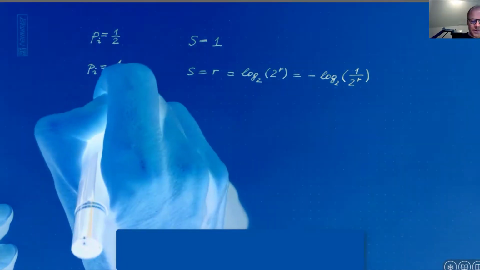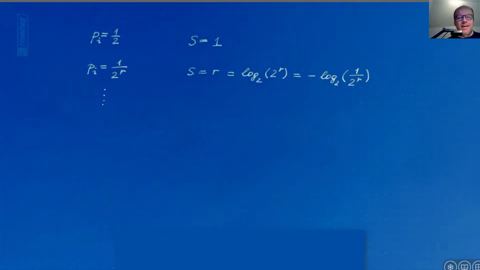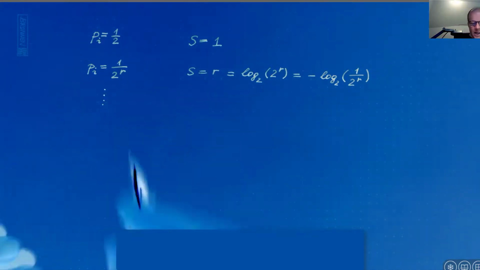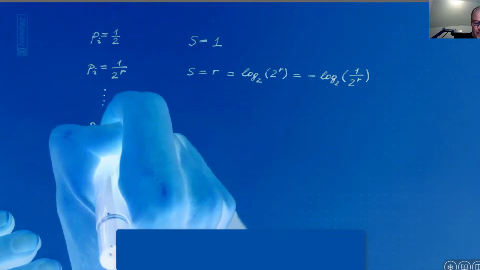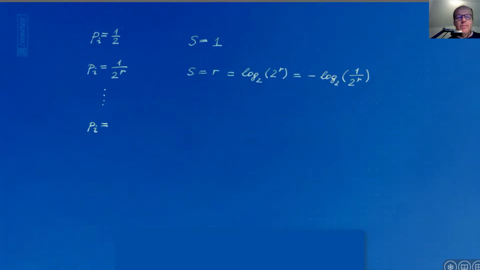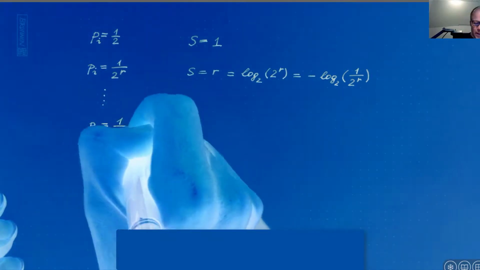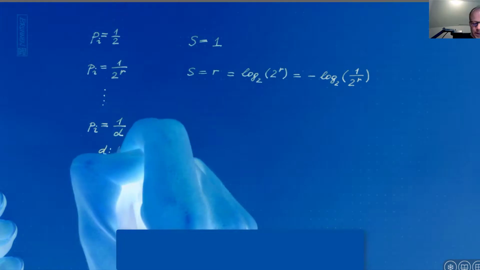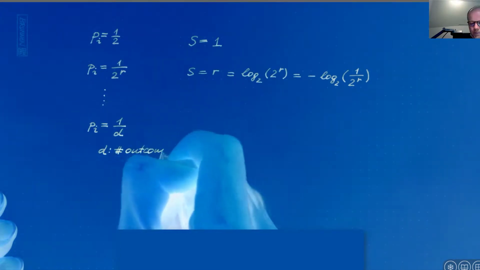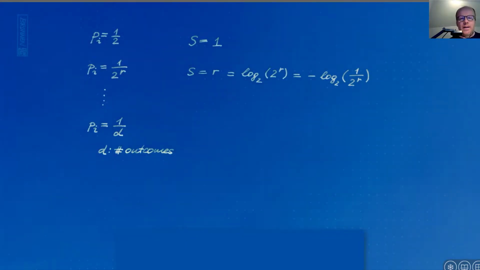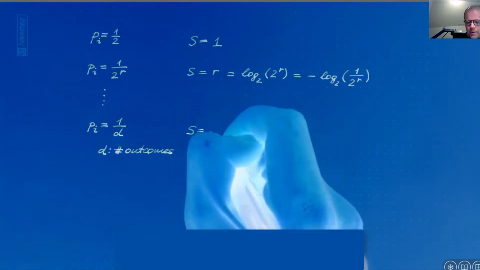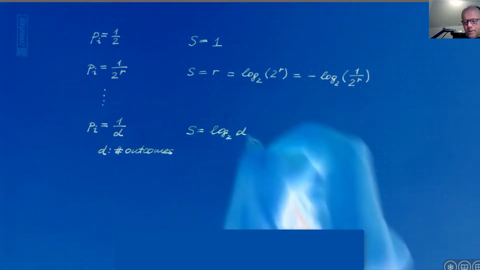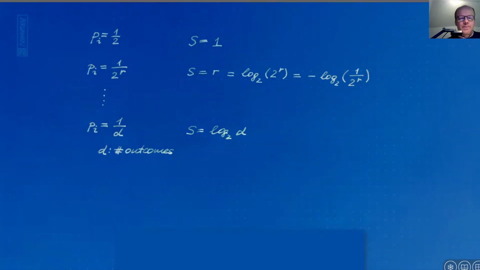This can be generalized, and I'm not going to do this here, but this is an argument involving continuity, that whenever you have a random experiment with d possible outcomes and each outcome is equally likely, so the probability of a particular outcome is 1 over d, where d is the number of possible outcomes, then the Shannon entropy equals the binary log of the number of possible outcomes.